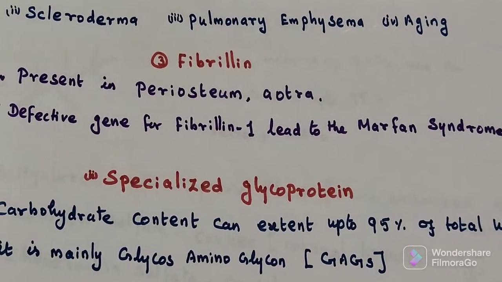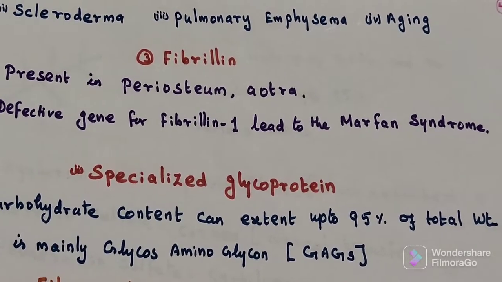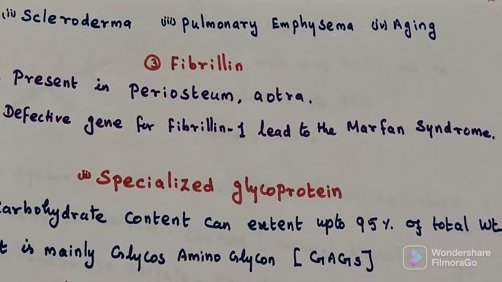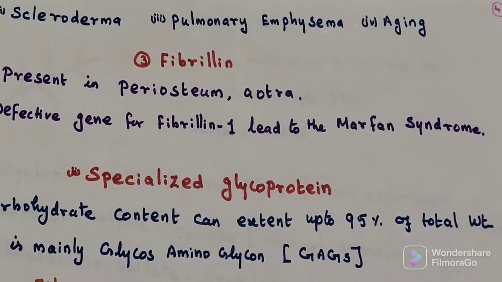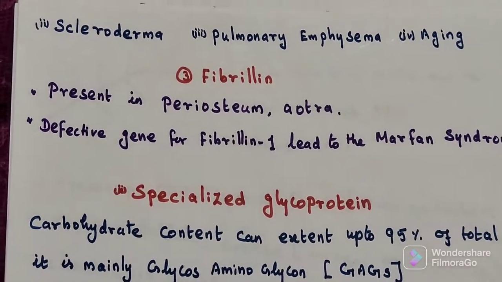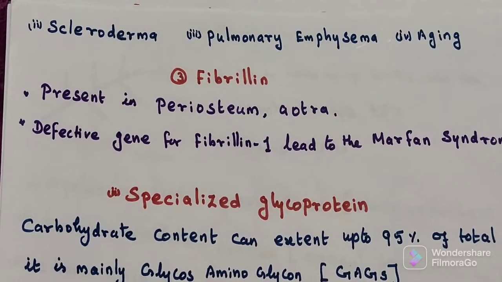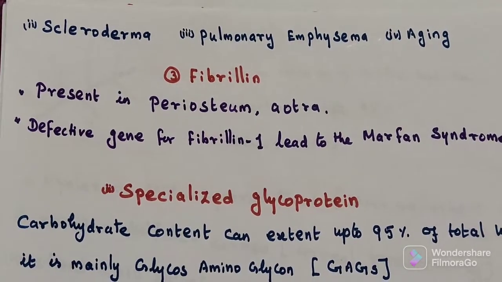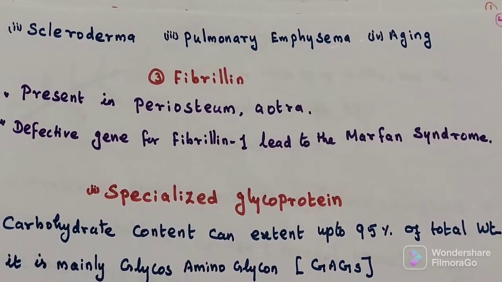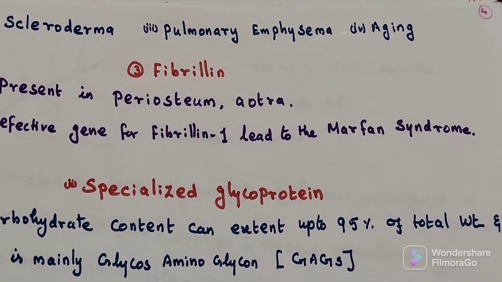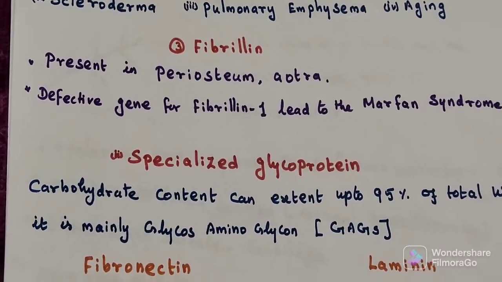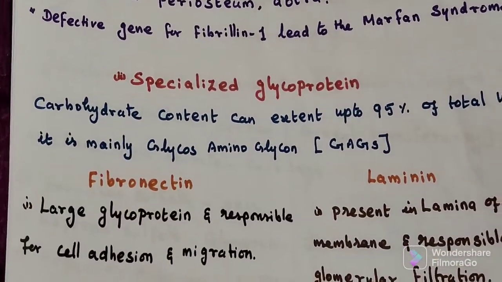A defective gene for fibrillin-1 leads to Marfan syndrome, an inherited disorder affecting the heart, eyes and blood vessels. So these are the structural proteins.